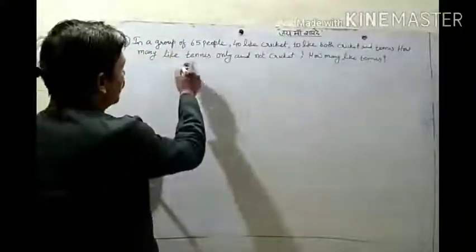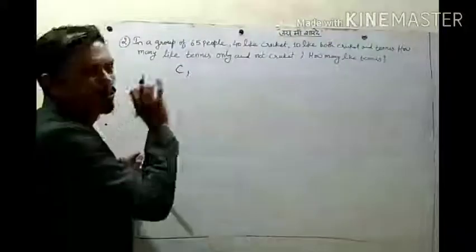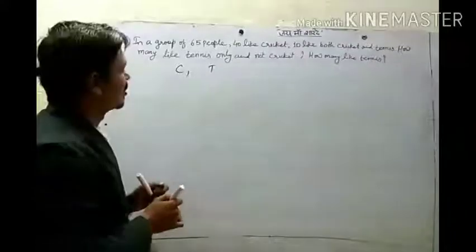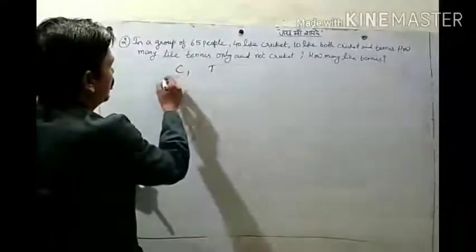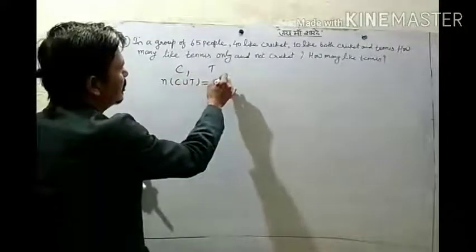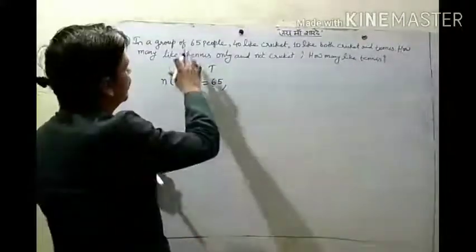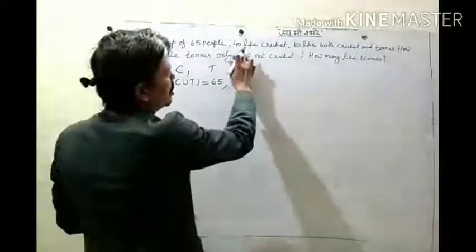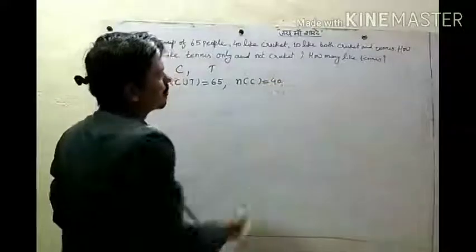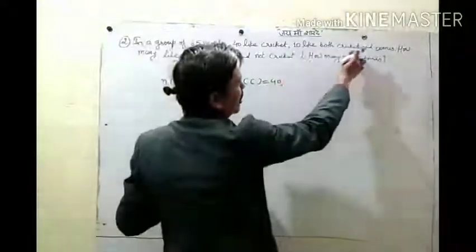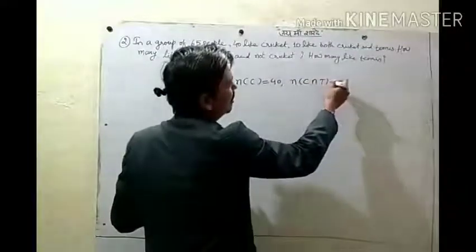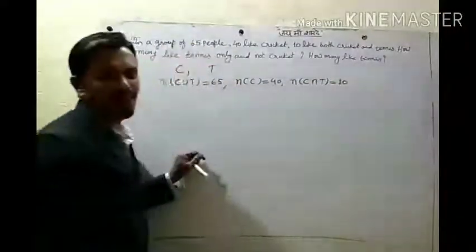So suppose again C is the set of people who like cricket and T is the set of people who like tennis. Then there is a group, so elements in C union T, 65. There are 65 people in the group. Then 40 like cricket, the number of elements in C is 40. 10 like both cricket and tennis, means C intersection T. Okay?